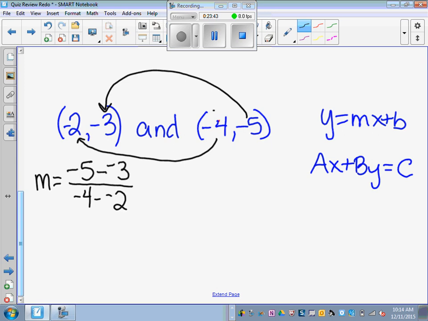Some of you flip-flopped x and y, so you had x on top. Remember, y goes first. And some of you did just plus here. It's minus. What is minus a negative the same thing as? Plus a positive.